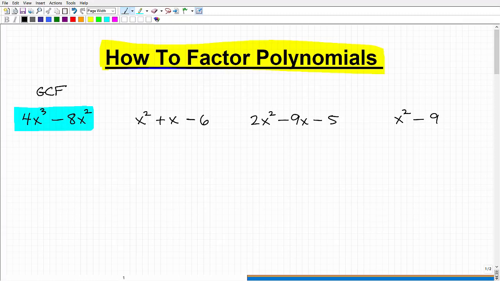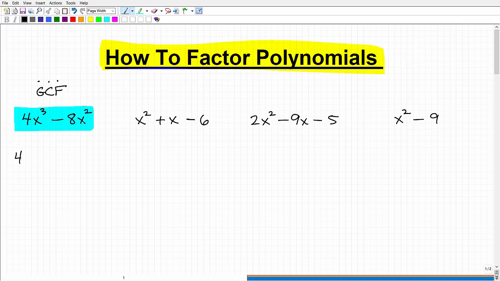The greatest common factor is the first place you always start when you see a polynomial. See if you can factor out a greatest common factor. Now, it's exactly what the name says: it's the greatest common factor. So what's common amongst these two terms in terms of a number? Well, it's 4. And then they have the highest power of x.